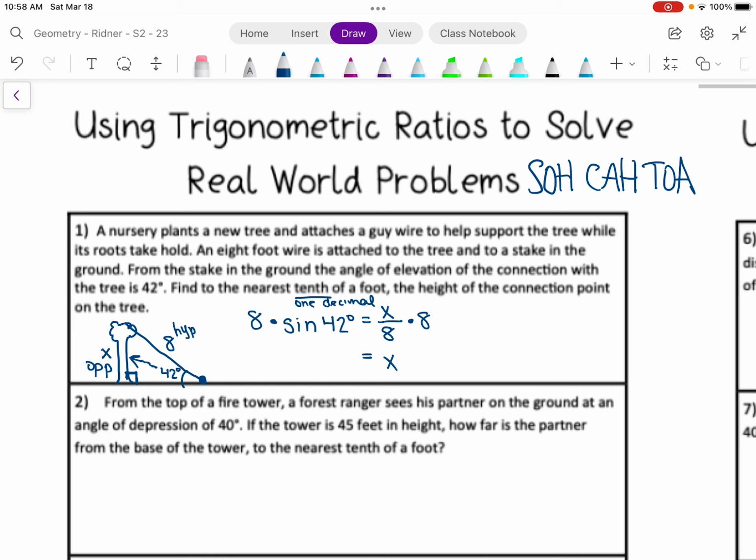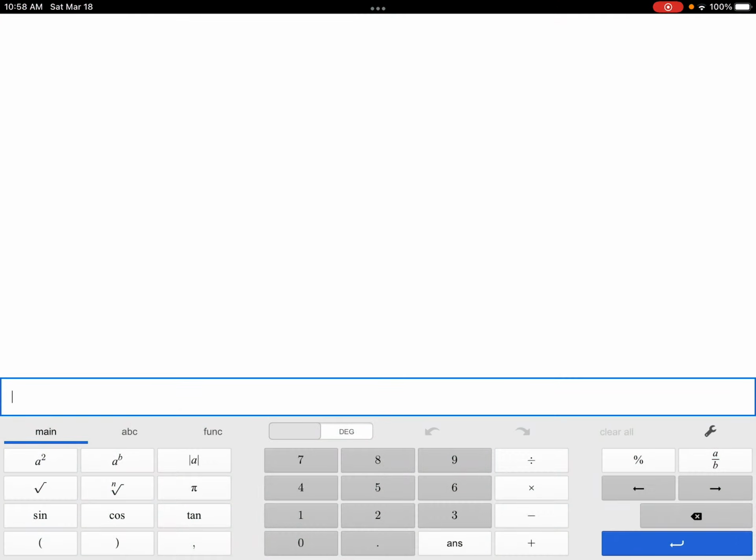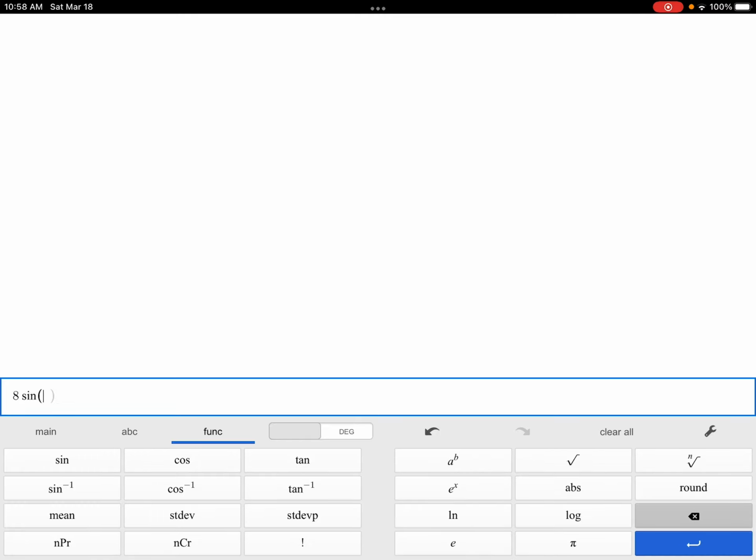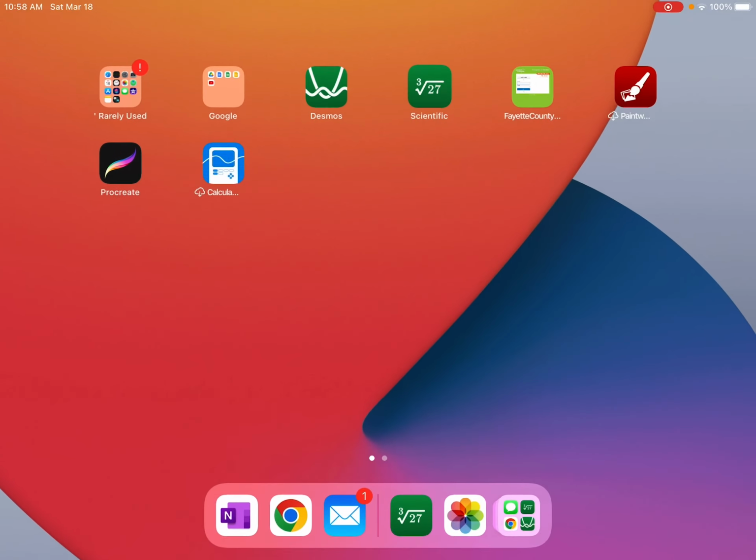So 8 sine of 42. Remember, I like the scientific because you're already in degrees. So 8 sine 42. That makes, when I round that up, because it's 5.35, but I need 1 decimal place, it's going to be 5.4.